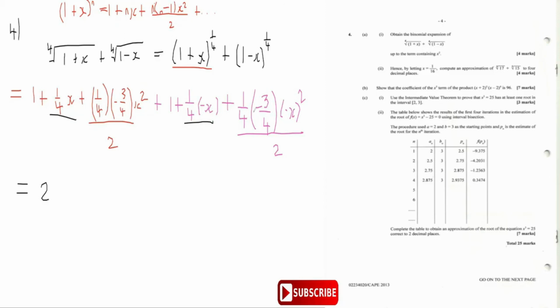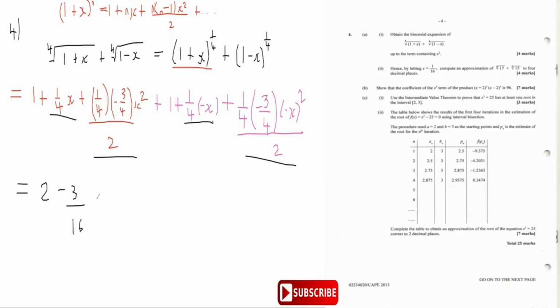And you're going to get minus 3 over 32 here as well. So 2 times that is minus 3 over 16. Those two added together give us minus 3 over 16 x squared.